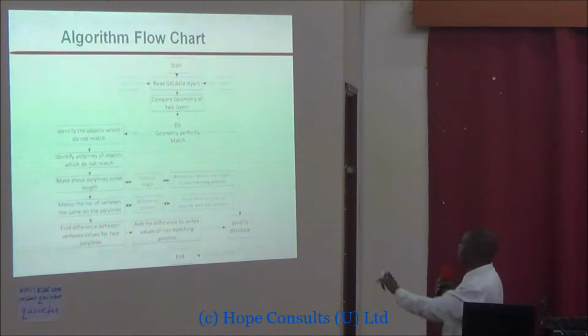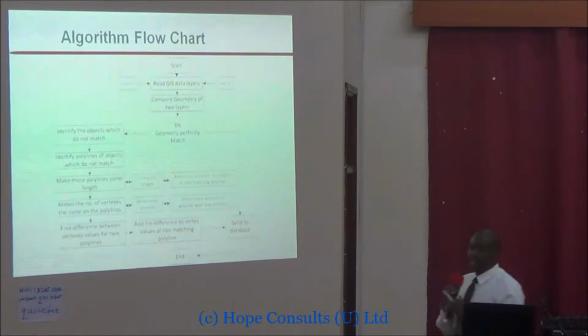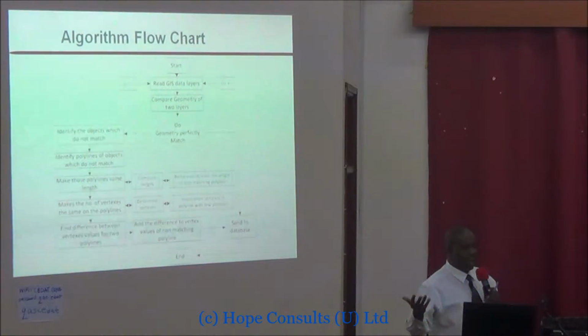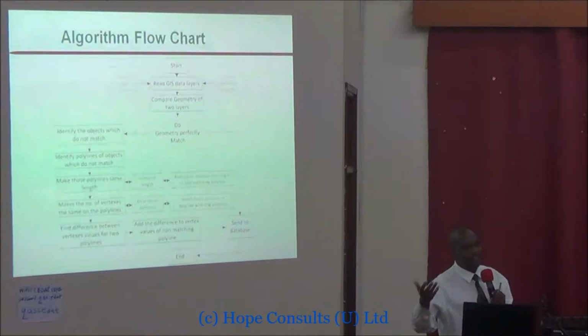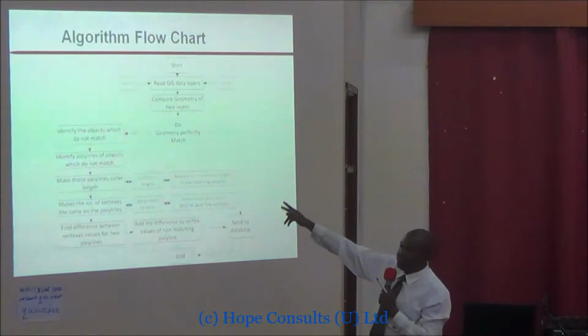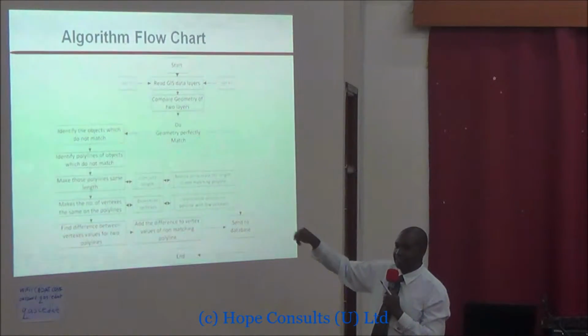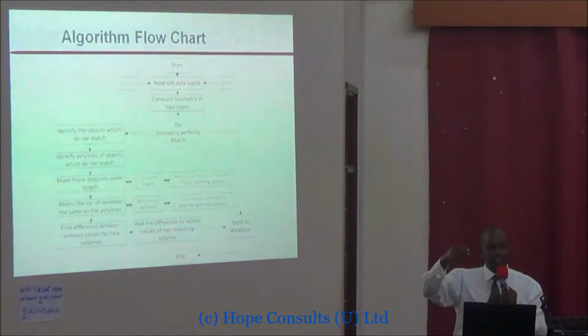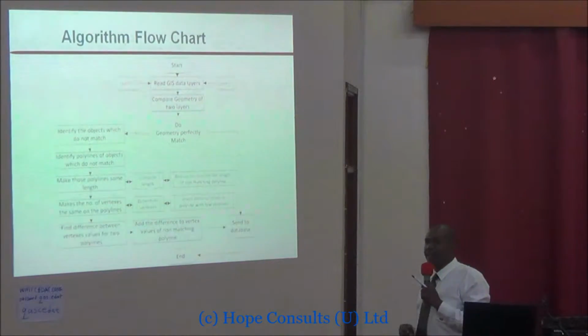From the flow chart, we start by comparing the data sets. Are they polygons? Do they have polylines? Or are they composed of only points? From there, we can identify the different objects which make up that data set. The objects form the features, and the features form the data sets.